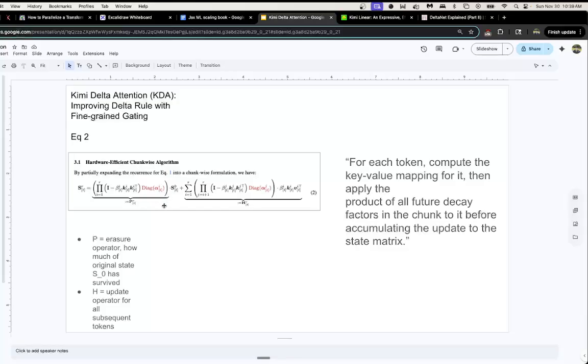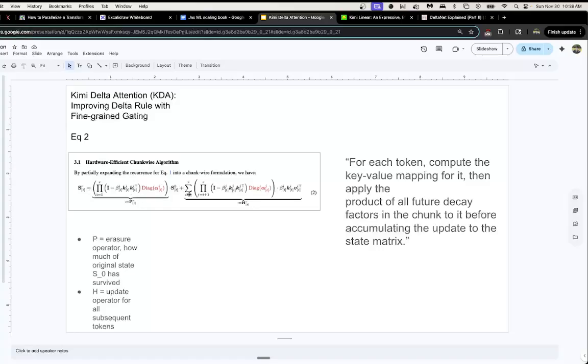And what this is doing is saying for the original state matrix S of 0, compute the cumulative decay that would have been applied to it by time step R in chunk T, so the rth token in chunk T. And that's one component of our state matrix.